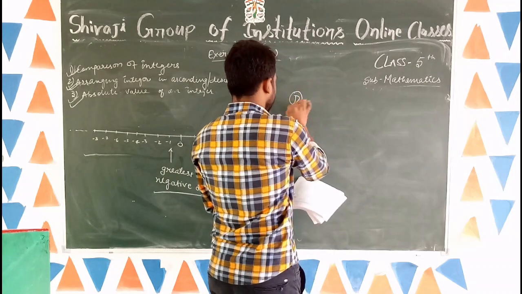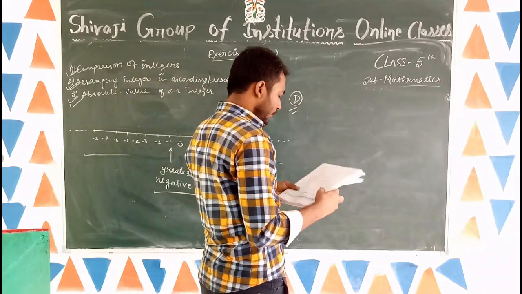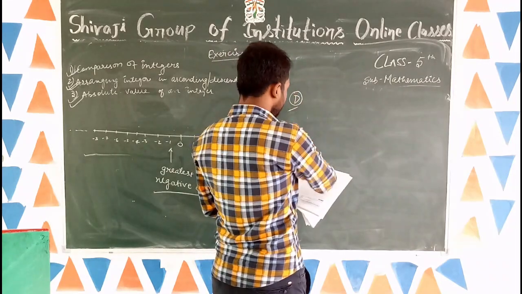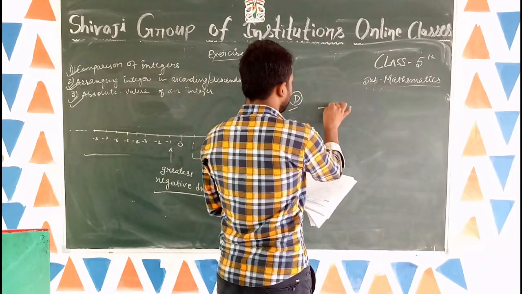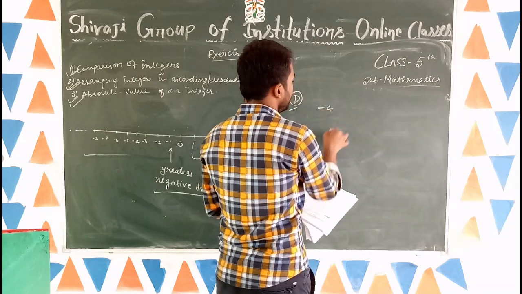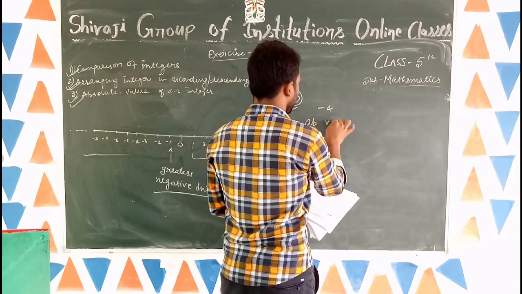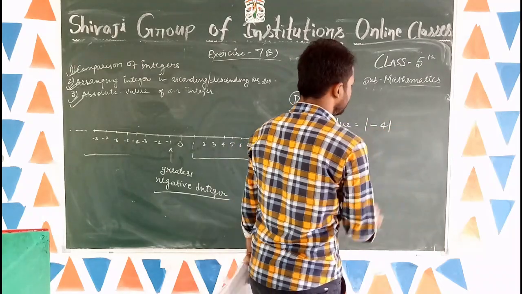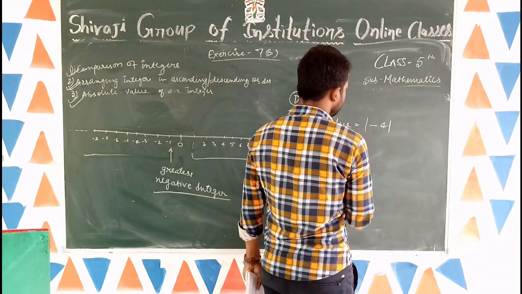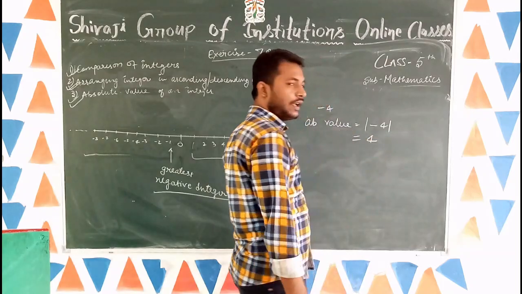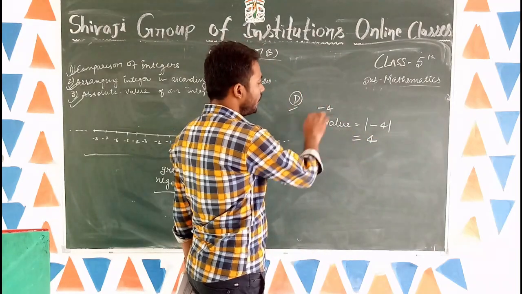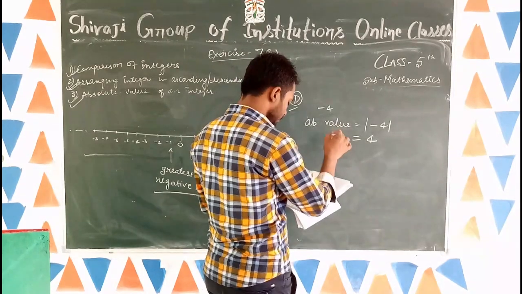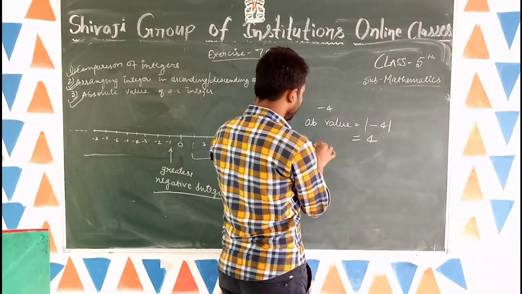Question number D. Write the absolute value of the given numbers. There are 10 numbers given, so we will solve. As -4 is given, its absolute value will be 4 only. Okay, so this is the absolute value of -4. Next question. 0.